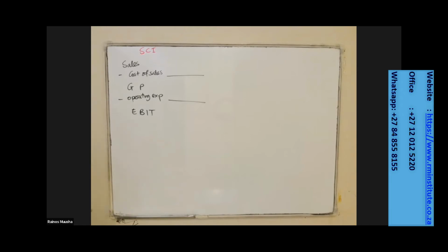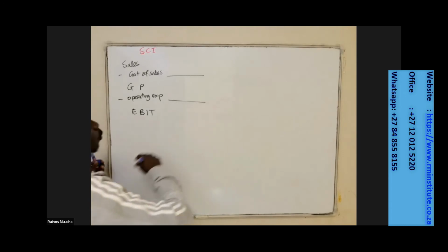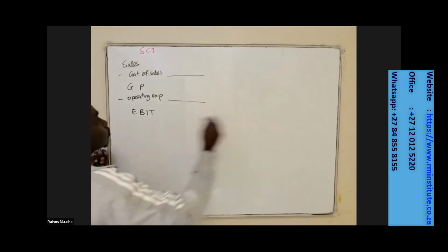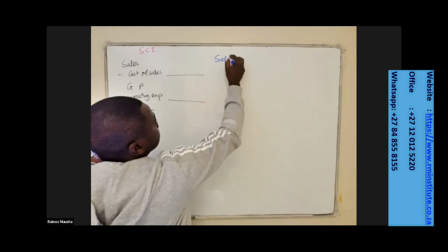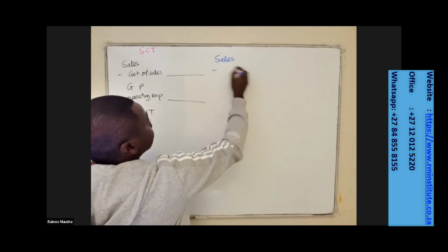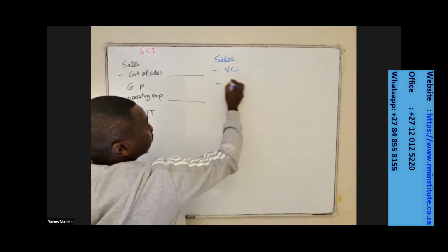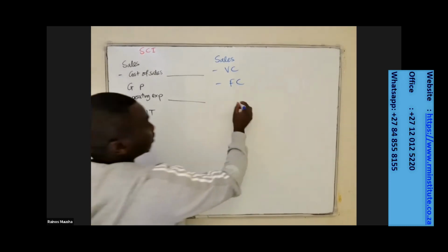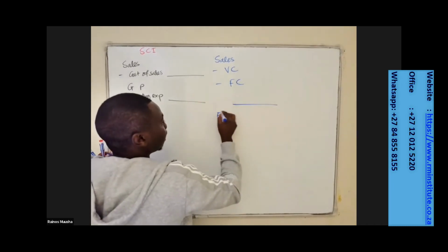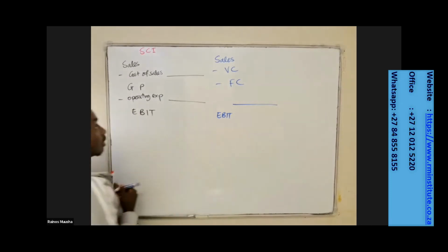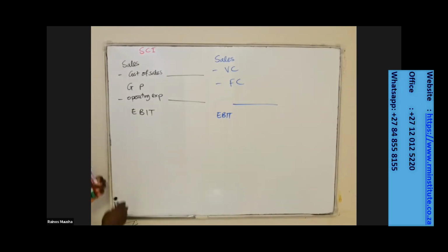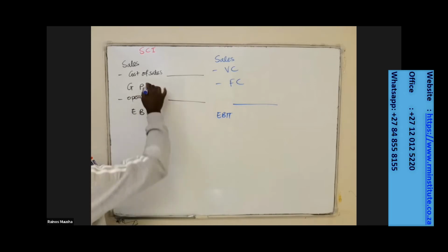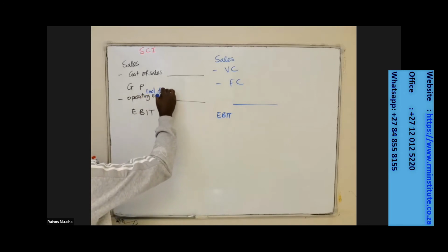So which basically means that you can also say your sales minus your variable costs minus your fixed costs, and this will give you the earnings before interest and tax. Usually, when it comes to this, we can say here, including depreciation.